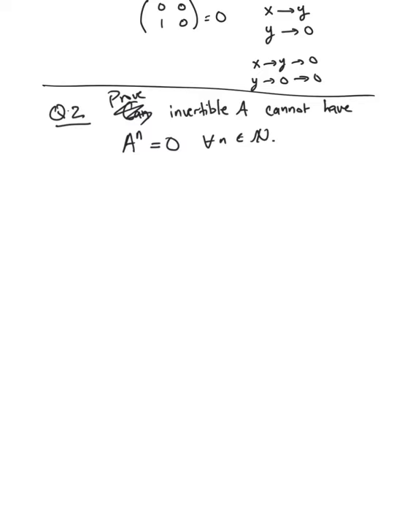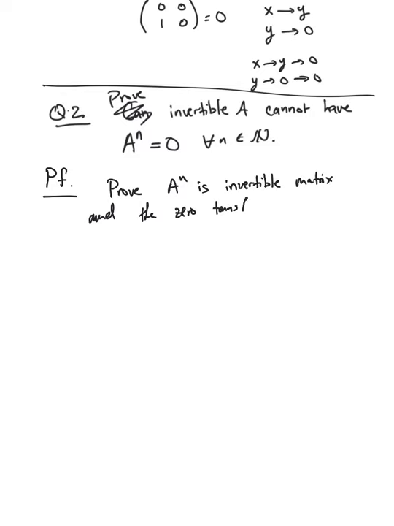Okay? So the proof is going to be, actually, we prove that A to the n is an invertible matrix. Okay? And the 0 transformation, so the one corresponding to the matrix with all zeros, is not invertible.